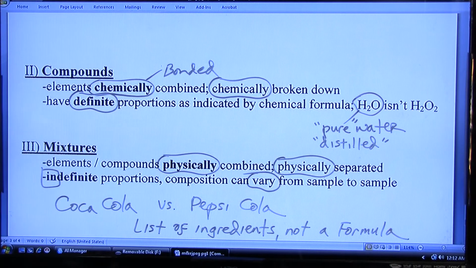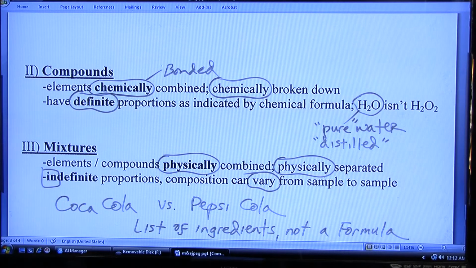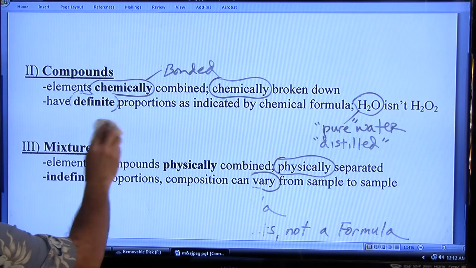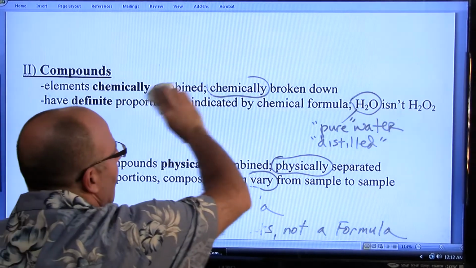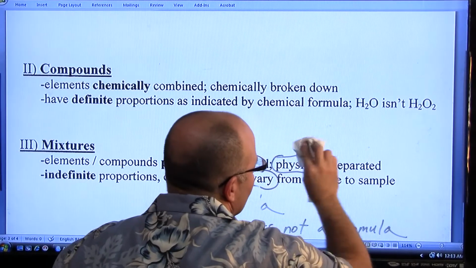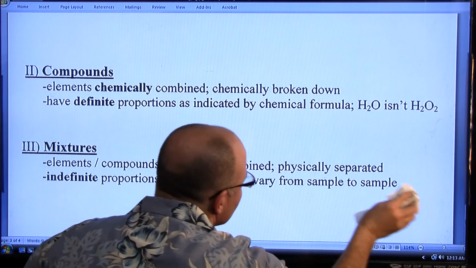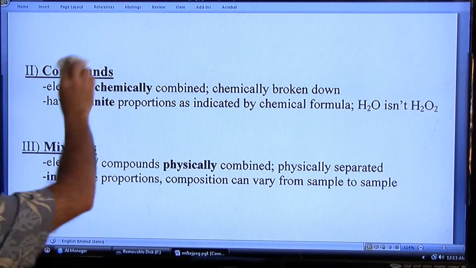Okay, when it comes to mixtures, you ought to know the difference between heterogeneous and homogeneous mixtures. So let's look at that. The illustration I have at the bottom of this page, oil and water versus salt water, will serve that point.